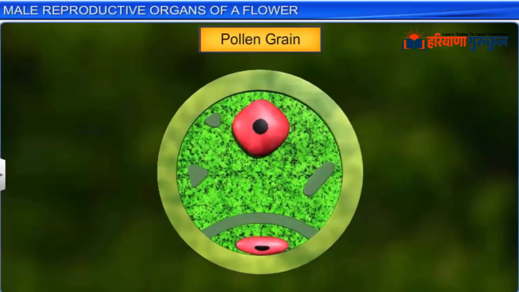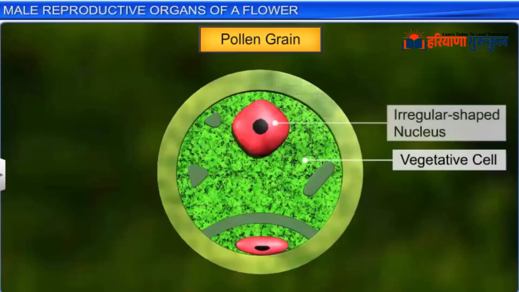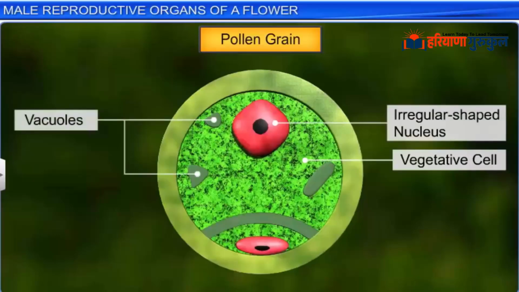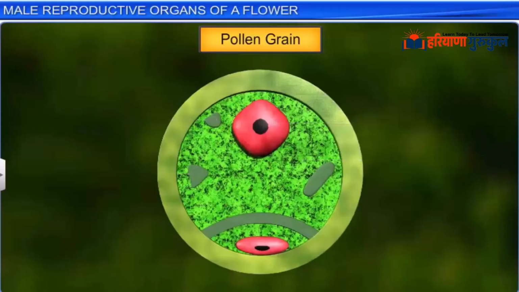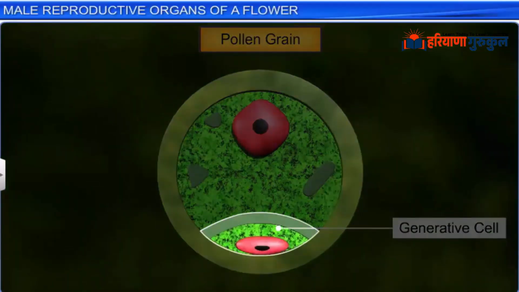The larger cell, known as the vegetative cell, is characterized by a large irregular-shaped nucleus, vacuoles, and abundant food reserves. While the smaller cell, known as the generative cell, is distinctly spindle-shaped and possesses dense cytoplasm.